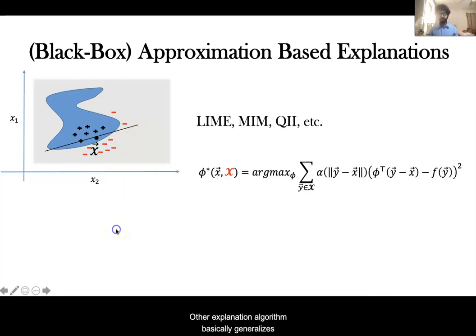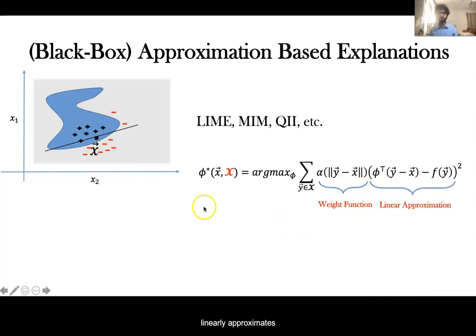Our explanation algorithm basically generalizes this and solves the following optimization problem, which essentially does the same. It just finds a linear classifier that approximates the decision boundary around X using the explanation dataset, where the first term is a weight function that decides the importance of each explanation data point, and the second function linearly approximates the decision boundary. Now for the rest of the talk, I will focus on how to design a private explanation algorithm for this specific class of black box algorithms.